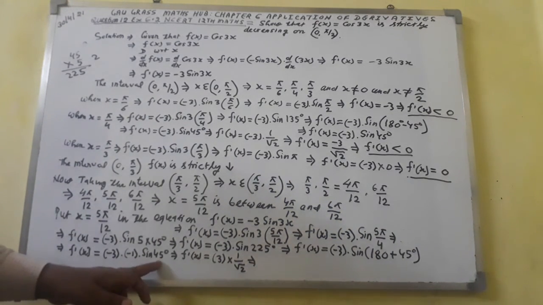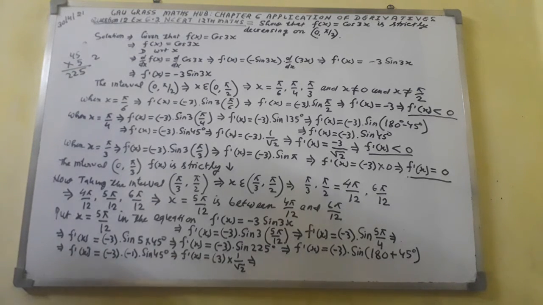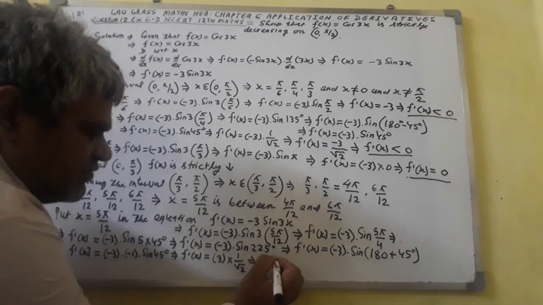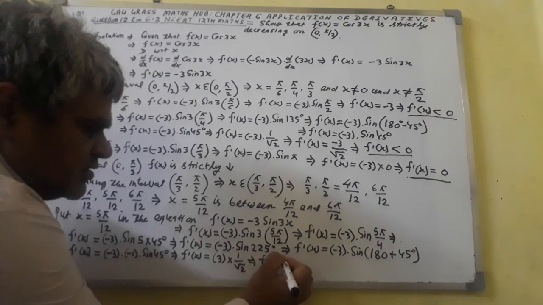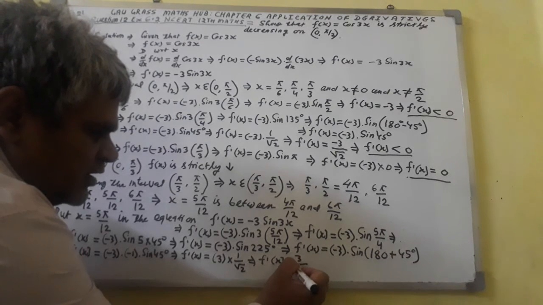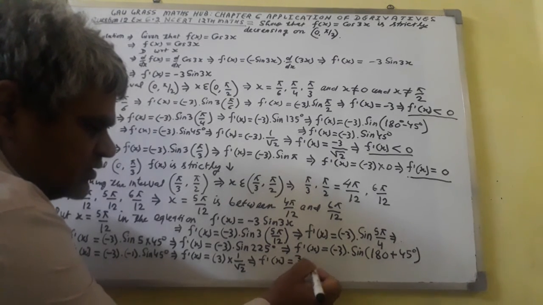Sine 45 degree equal to 1 over under root 2. So here you have got f dash of x equal to 3 over under root 2.